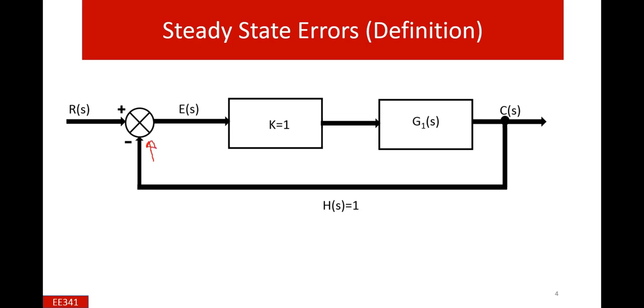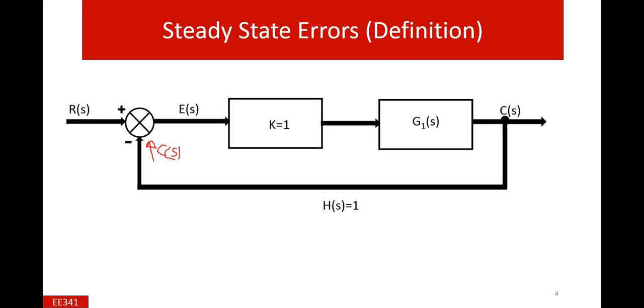So in our case, the system is unity feedback. Here H(s) is equal to 1. So at this point, the value of the feedback is only the output value, which is C(s). So E(s), the error signal, is equal to R(s) minus C(s).